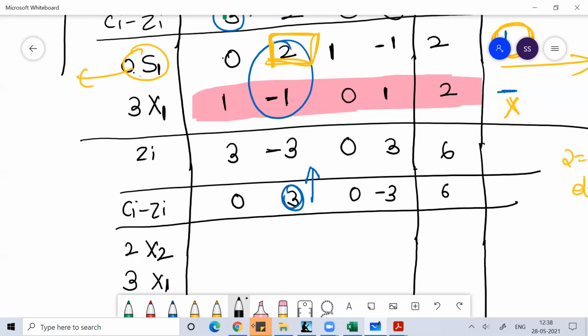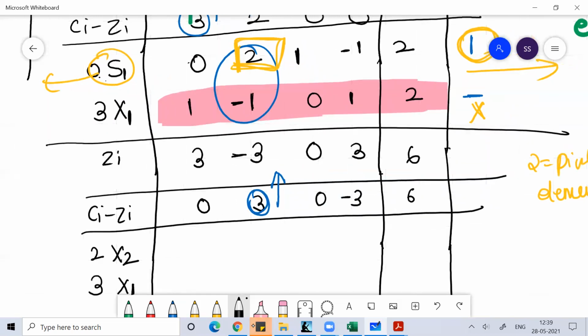Now you know that 2 is your pivot element. So to get the value of x2, divide all the elements of the row by 2. So 0 divided by 2, 0, 2 divided by 2, 1, 1 divided by 2, 1 by 2, minus 1 divided by 2, minus 1 by 2, 2 divided by 2, 1.